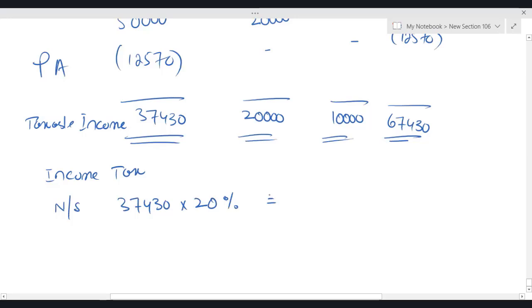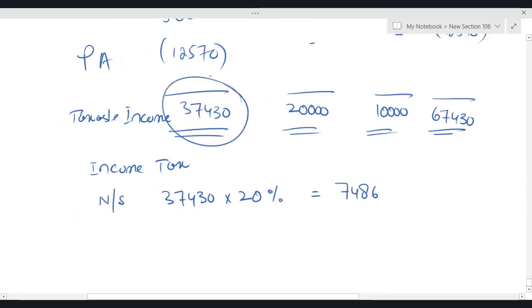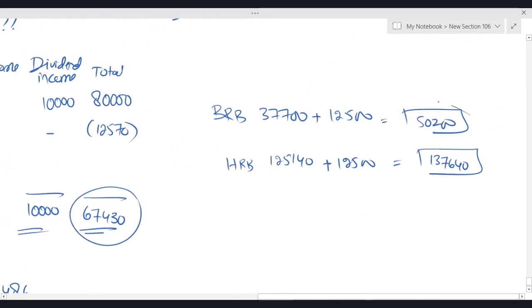37,430 and then 20%: 7,486. Since the taxable income in the non-saving column is more than 5,000, for the saving income there will be no concept of starting rate band. But we have to think about the nil rate band for the saving income. By looking at 67,430, which is in fact more than 50,200. In this question, to decide the taxpayer status, we are not supposed to compare 67,430 with 37,700.